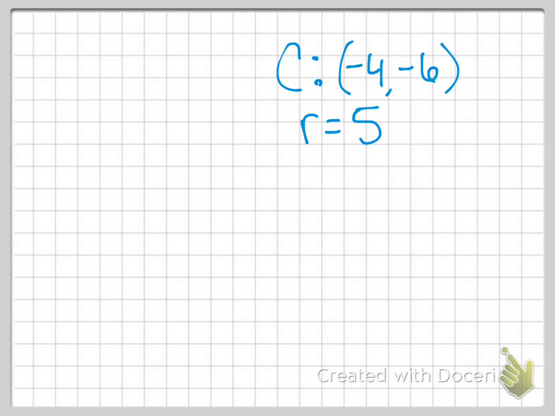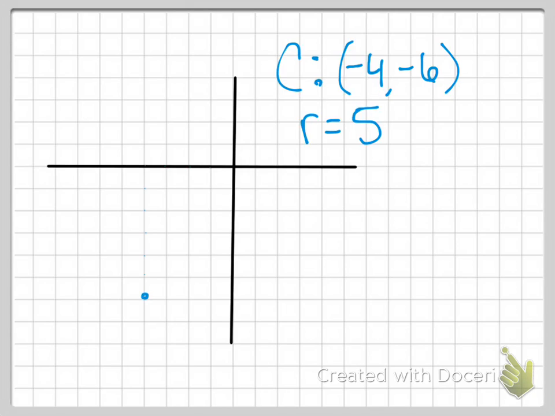So we'll just create a grid here and see if we can fit it on there. All right, to get to -4, -6, we already talked about going left 4, down 6. There we go. This should be big enough for me to put all of it on.